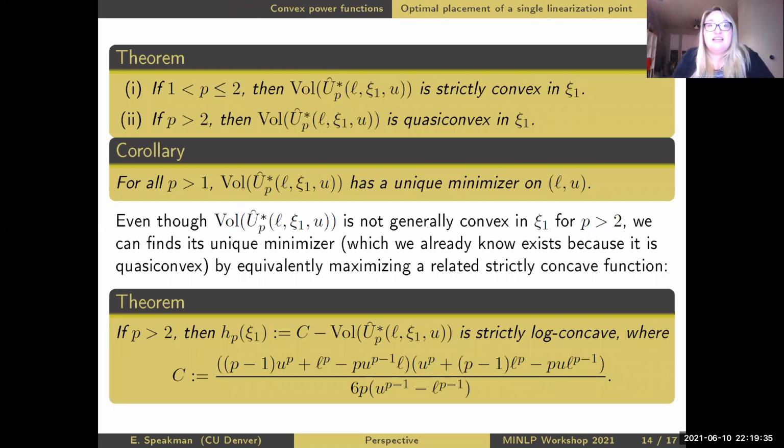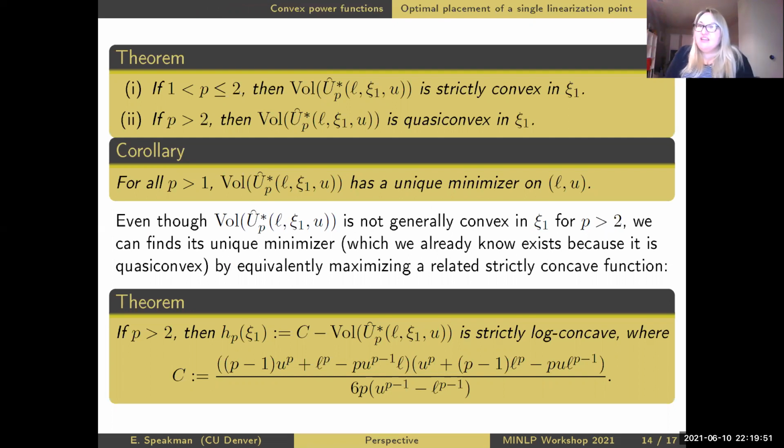So now just thinking about one linearization point, if P is between 1 and 2, then this volume function is convex. If it's greater than 2, then it's quasi-convex, which tells us there will be a unique minimizer.